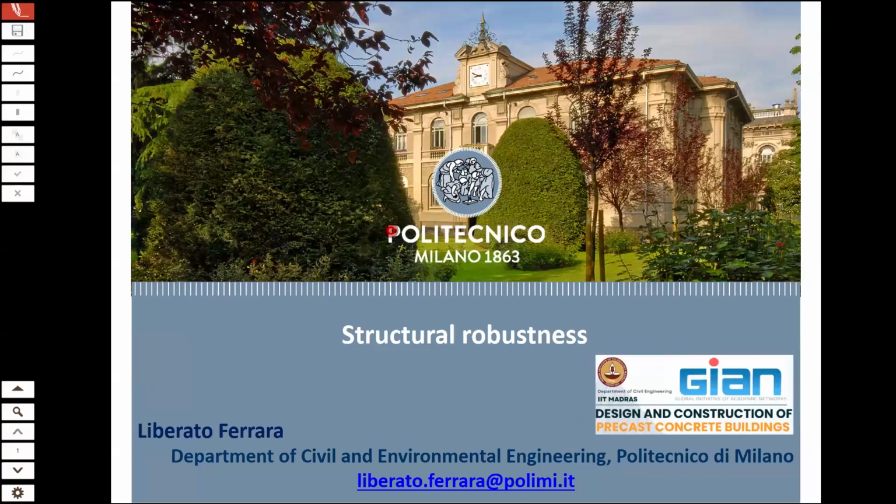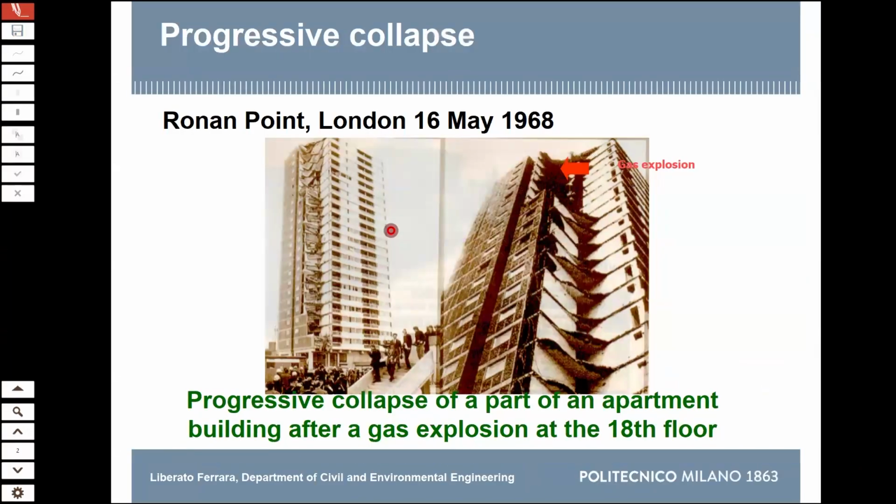Well, just a quick overview on this. The concept of structural robustness started from a date: May 16, 1968. All structural engineers know that. Ronan Point collapse. Ronan Point was a building in London, a neighborhood in London.